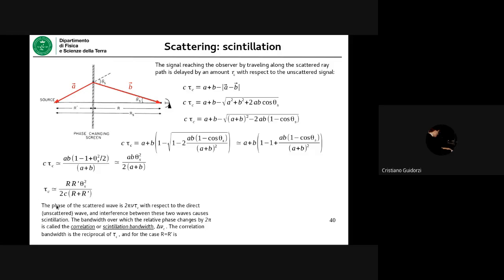You remember the argument of a harmonic wave: the shift in the phase will be omega delta t, where delta t is what we call in this case tau c. So the phase shift between the two waves, due to the fact that they travel different paths, is omega tau c, so 2 pi nu, where nu is the frequency, times tau c.